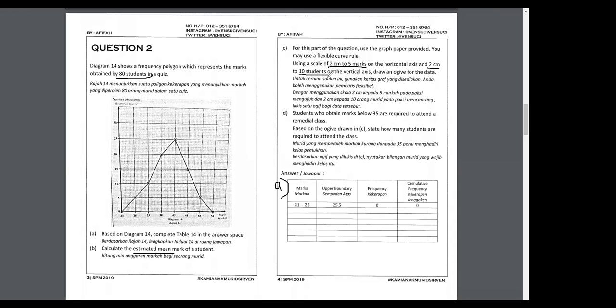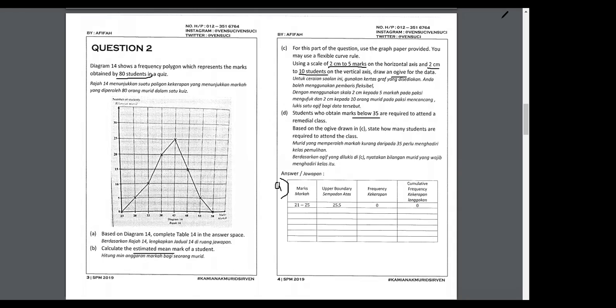For the fifth one, just add 5, until you get the last one, which I think is 51 to 55, and then 56 to 60.